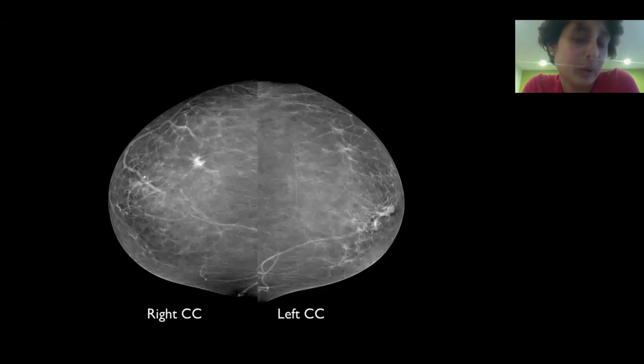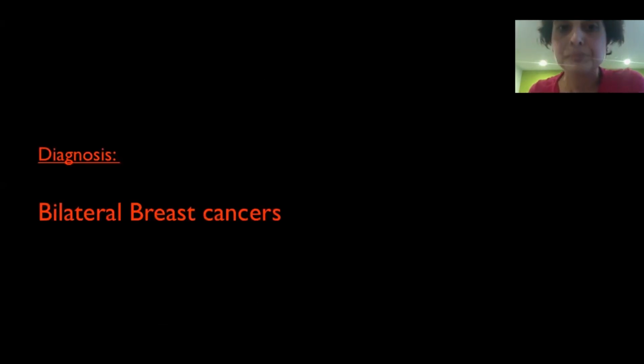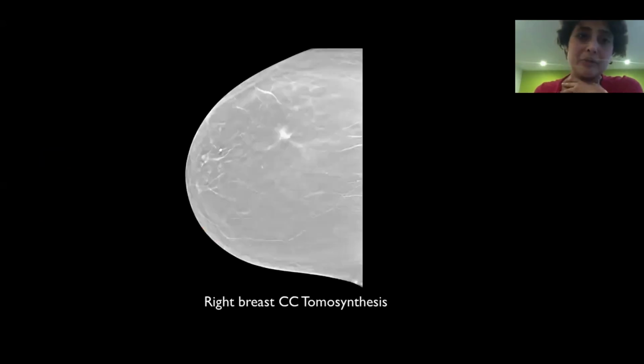At the same time, when the ultrasound is being done, ultrasound of the axilla will also be undertaken. So the diagnosis was bilateral breast cancers.